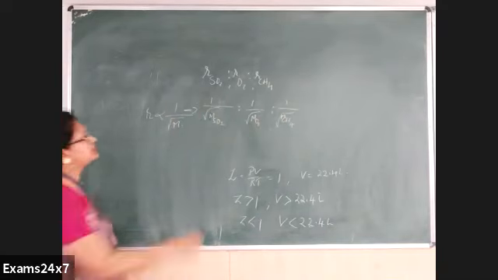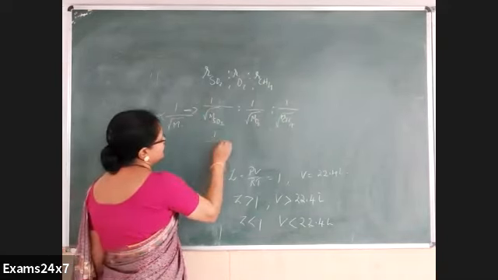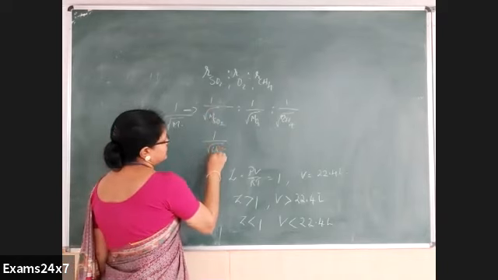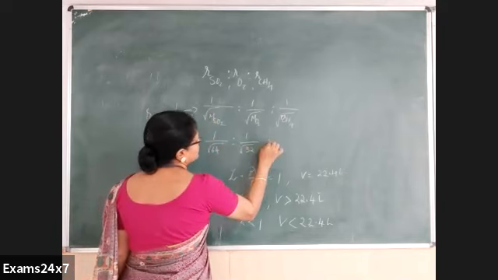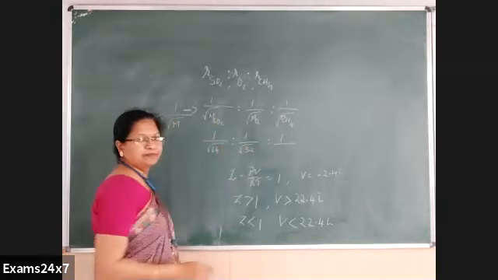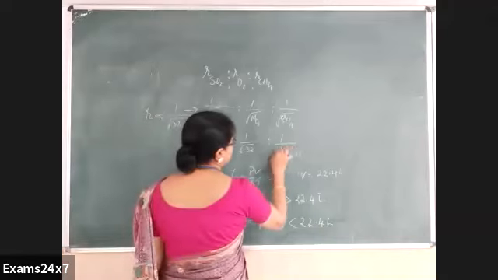Understood? Now we substitute the molar mass of sulfur dioxide. Square root of 64 is to 1 by square root of 32 is to 1 by methane, 12 plus 4, 16 square root.